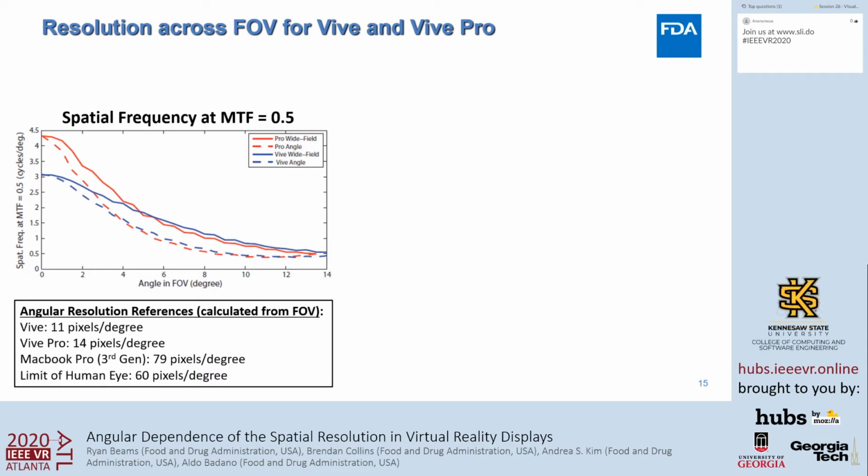In the center, the Vive Pro has higher resolution than the Vive, which you would expect, but as you go off axis by say 5-10 degrees, the performance of the two is actually quite similar. Also importantly, the measurement method for the angle scanning drops off faster than the wide field approach.